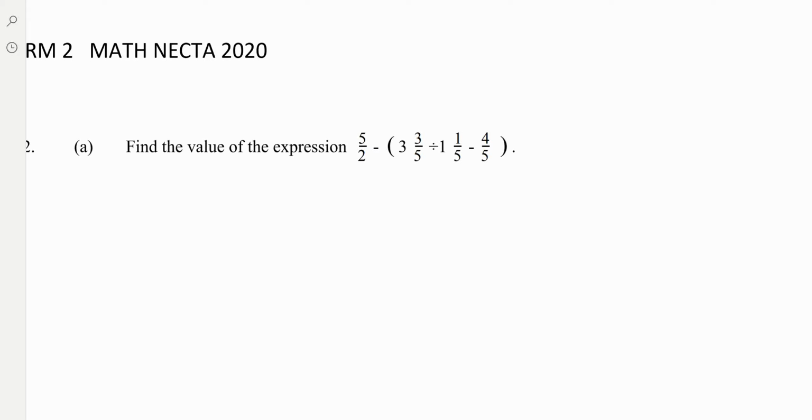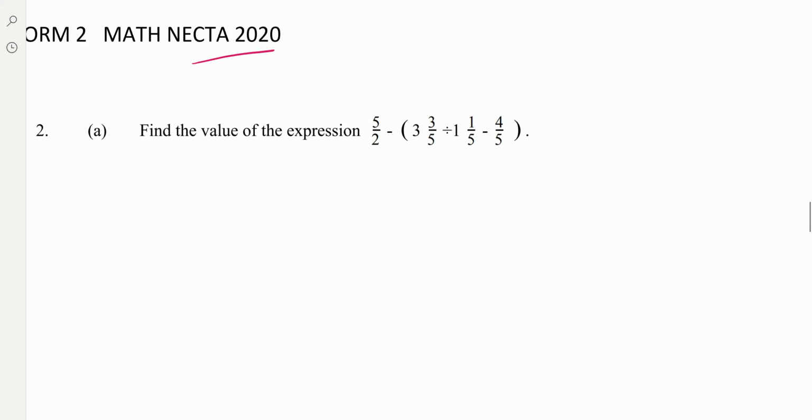So Necta 2020, find the value of the expression 5/2 minus. So we're going to use BODMAS here. You'll be taking 5/2 minus, in the bracket, you change it into improper fraction. You have 18 over 5 divided by 6 over 5 minus 4 over 5.